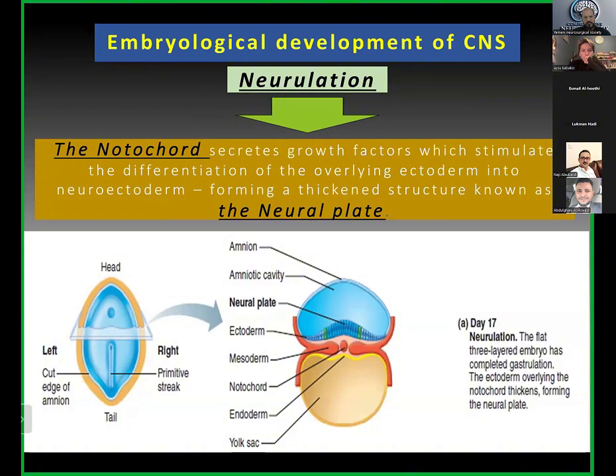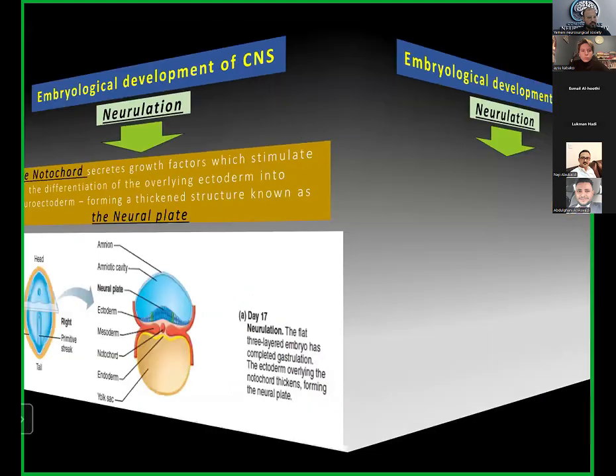And it also stimulates growth to make this layer over the notochord thick. So the function of the notochord is to secrete growth factors to make the ectoderm differentiate and grow more, to be thicker, differentiated from ectodermal cells to neuroectodermal cells, and called the neural plate.